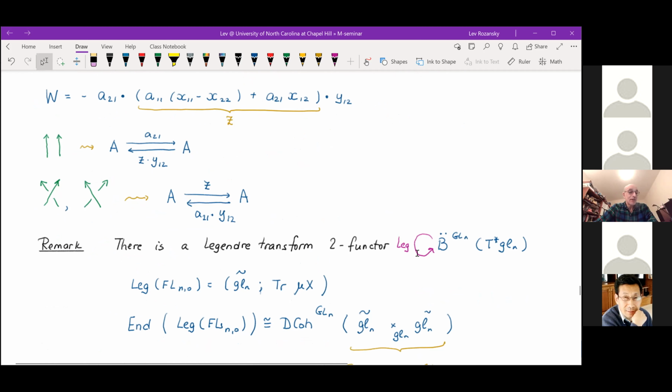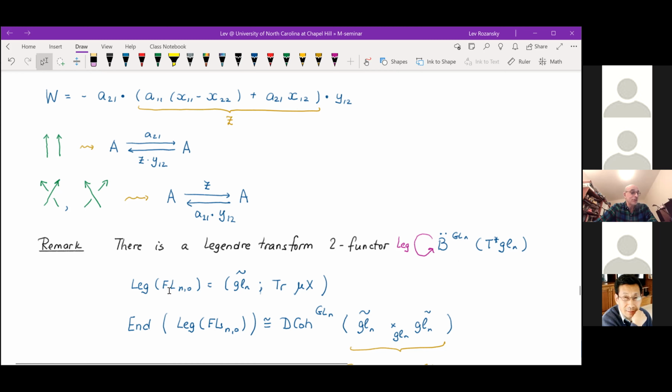By the way, in this 2-category story, there is the Legendre transform, which flips two GLN matrices, which flips cotangent and the base. So the Legendre transform appears as a 2-functor on this 2-category.